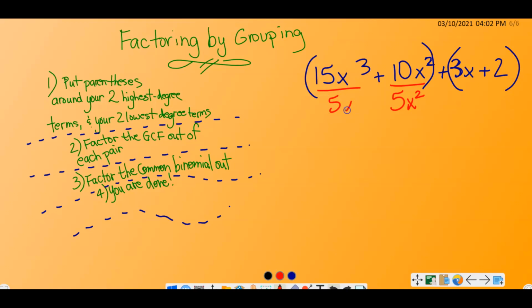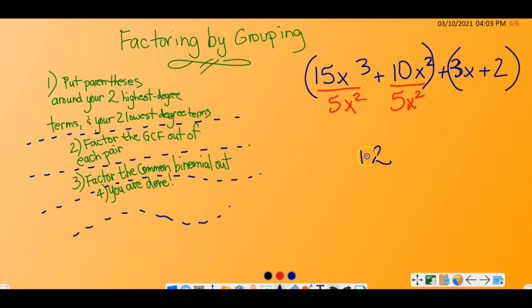So let's do that, all right? X squared divided by x squared cancels itself out, right? It equals 1. And 10 divided by 5 is 2. I want that to be blue. So what do I have left after I do this division? I end up with 2.